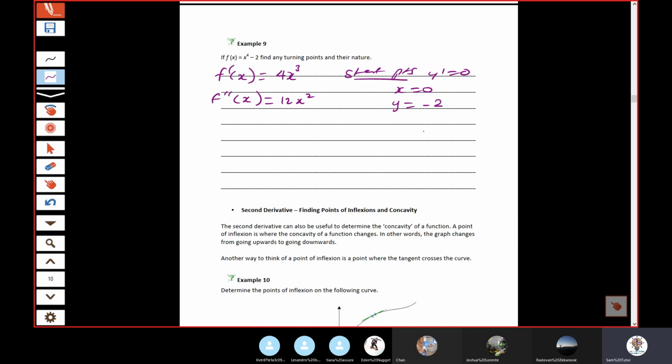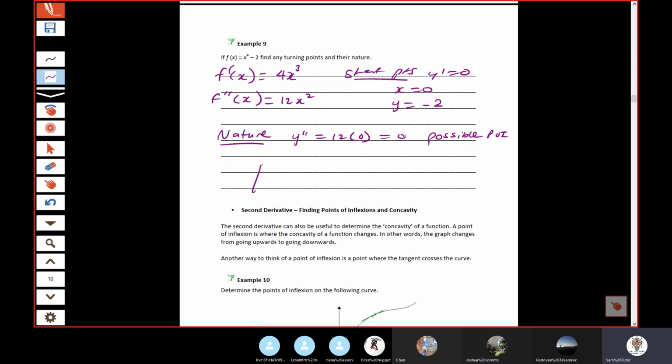And then when you use your y double dash, you're going to get a times 0, which equals 0. So all you can conclude at this point is possible point of inflection.